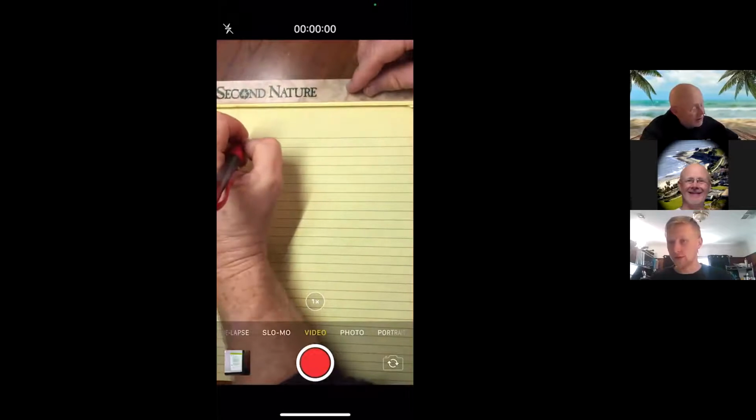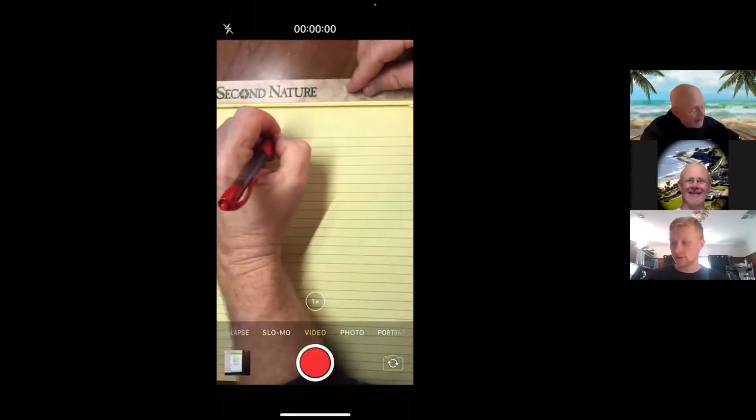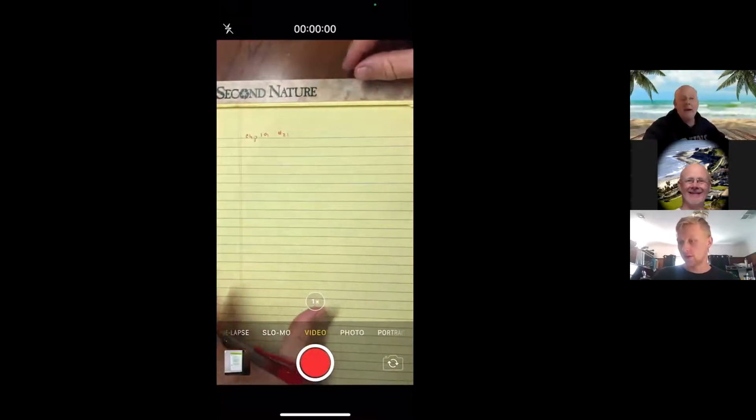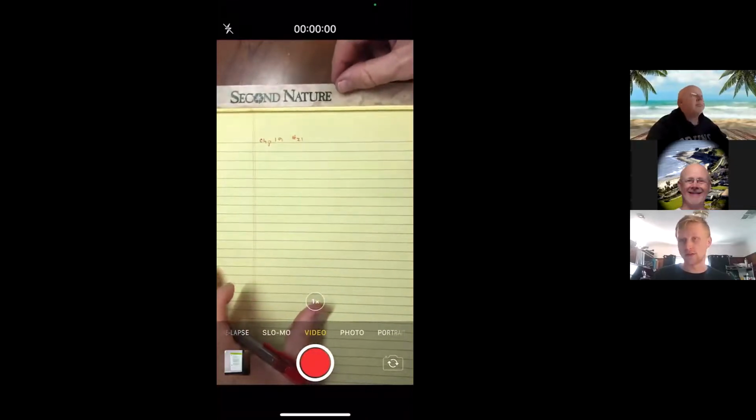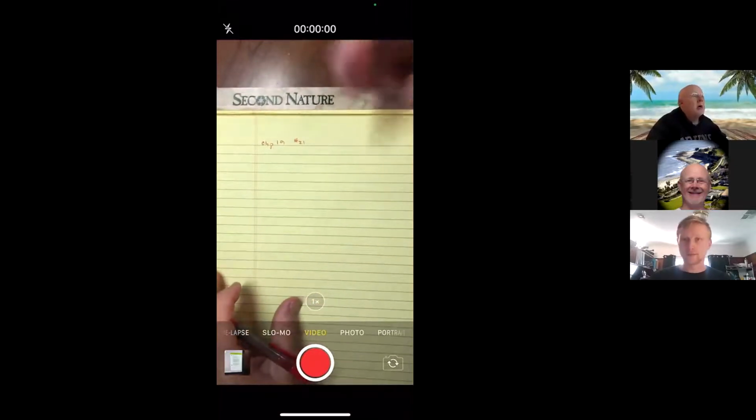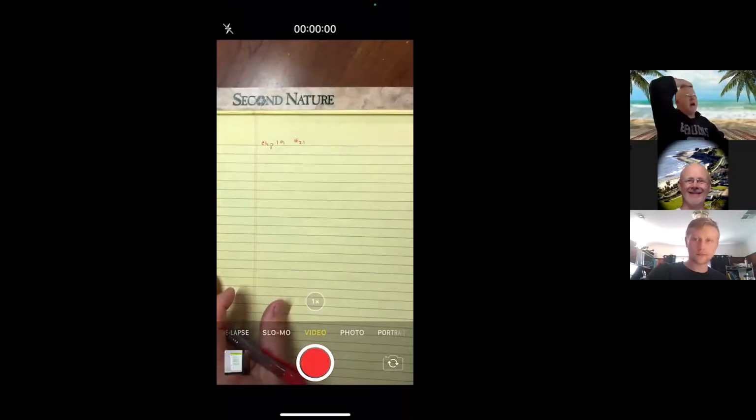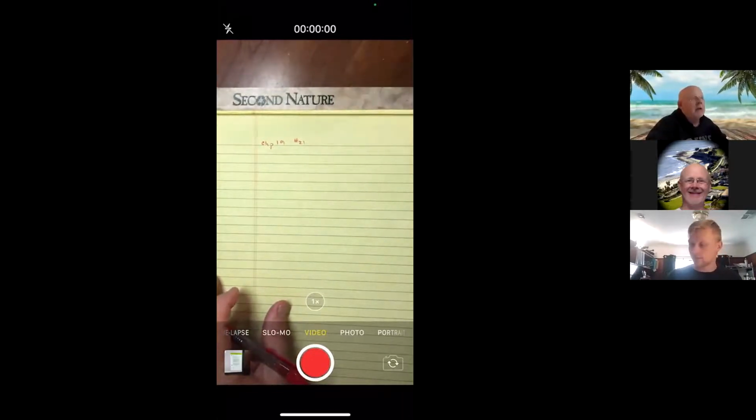All right, so chapter 19, number 21. Let me read it here. It says the mass of a hot air balloon and its cargo, but not including the air inside the balloon, is 200 kilograms.